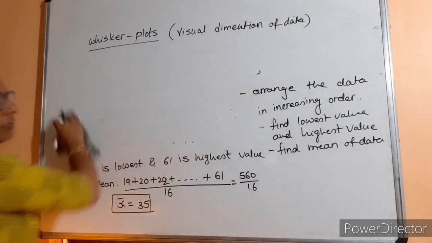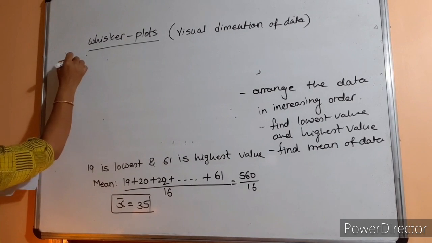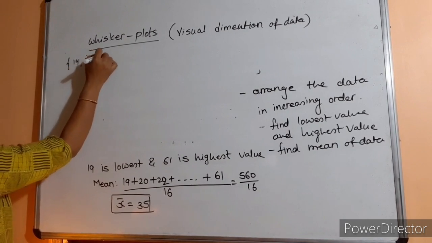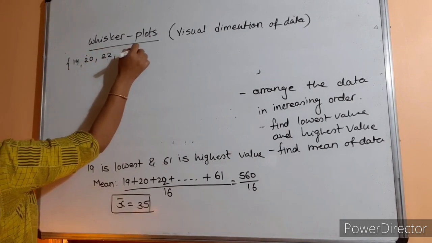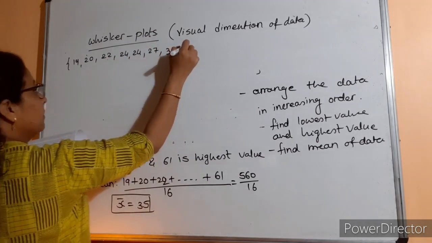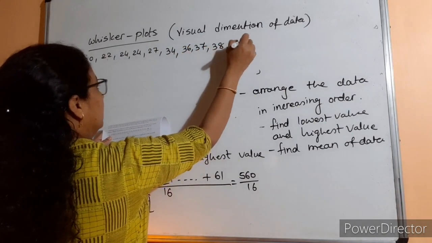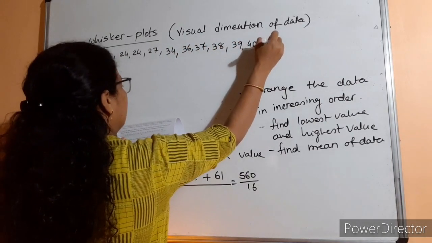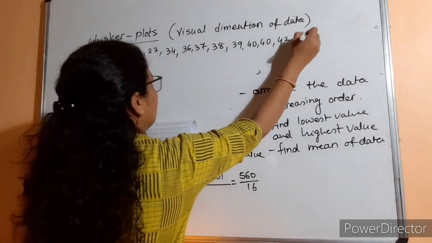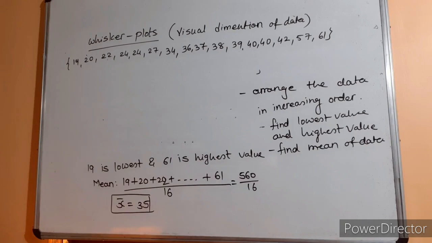So here I have to arrange the data in increasing order: 19, 20, 22, 24, 24, 27, 34, 36, 37, 38, 39, 40, 40, 42, 57 and 61. These are the data in ascending order.